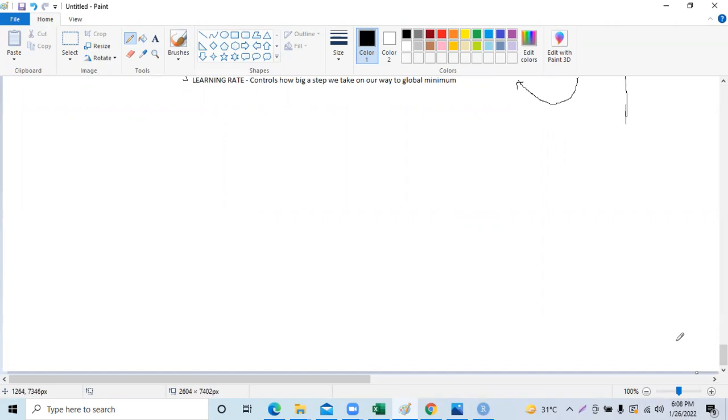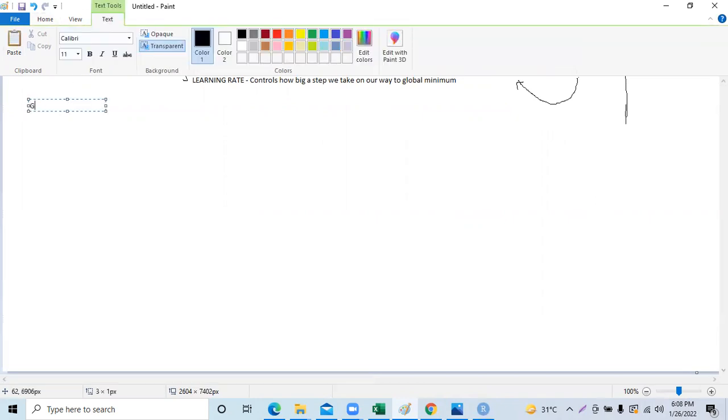For emphasis sake, let me write this down. Gradient descent is used to minimize cost function. It's an algorithm that is used to minimize cost function.